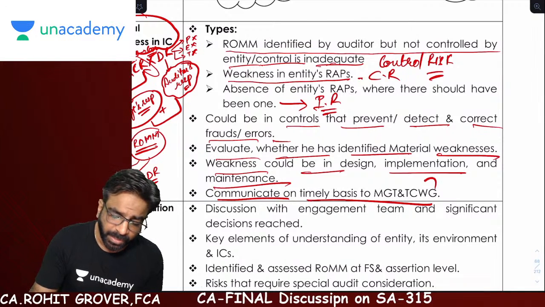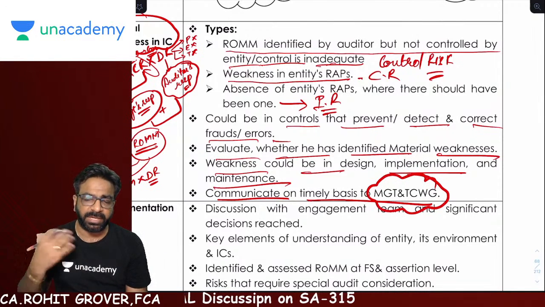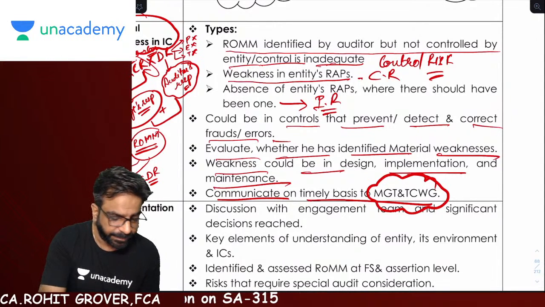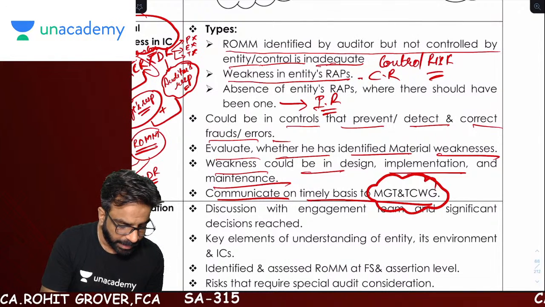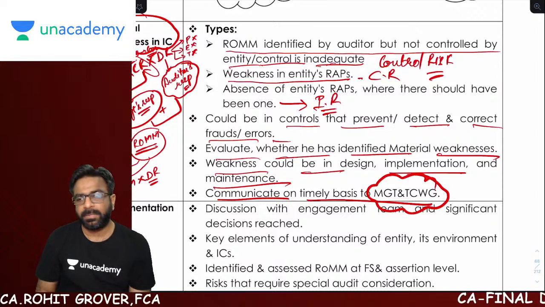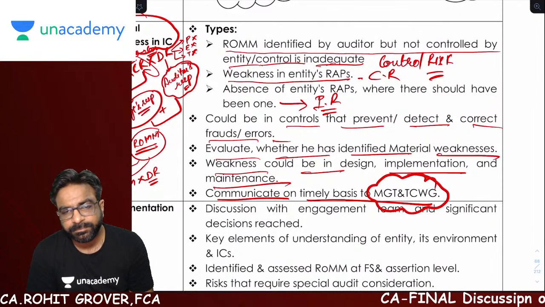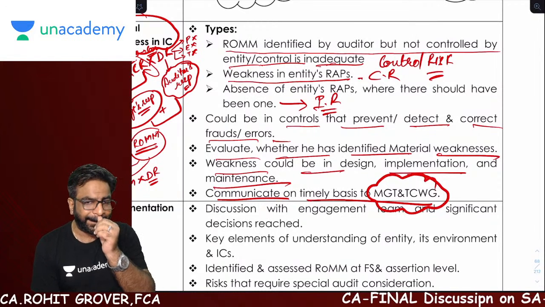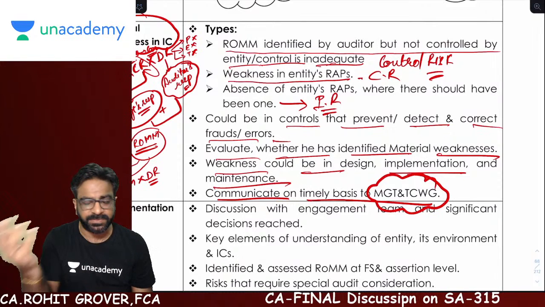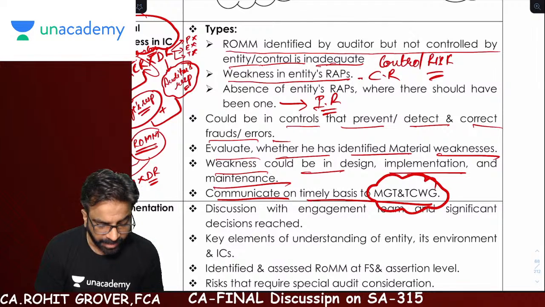Everyone, please tell me which standard talks about communication with the TCWG relating to deficiencies in the internal control system? Anybody can let me know?